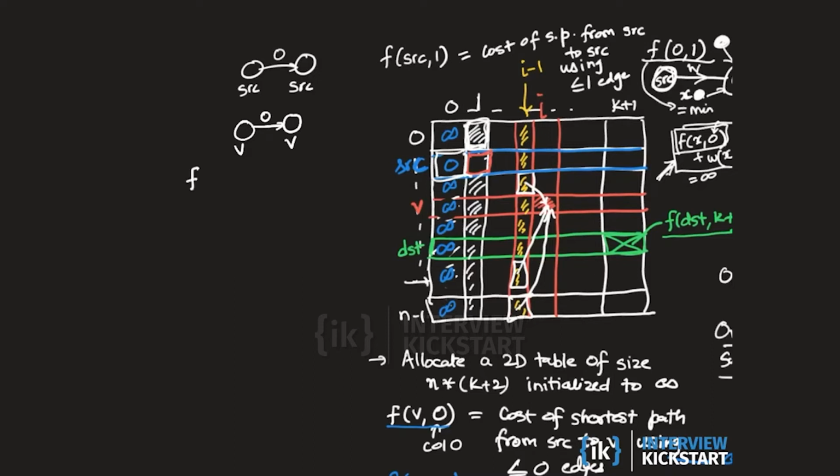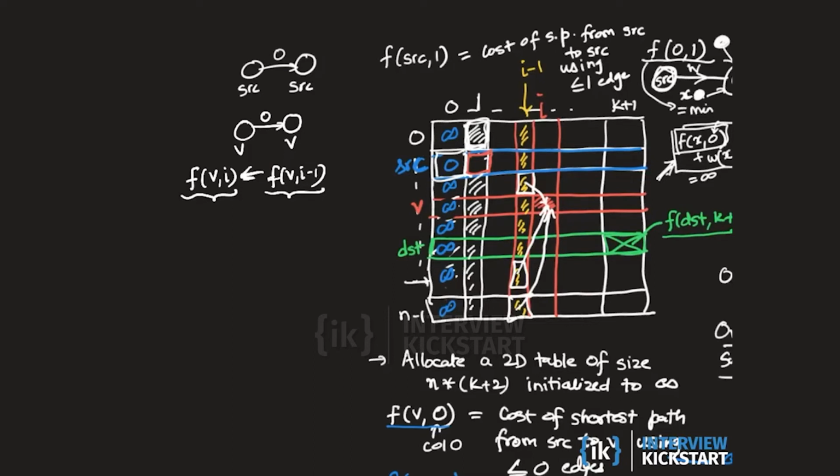So this means that if we want to compute f of v comma i, the baseline that we can start with is basically f of v comma i minus 1. So f of v comma i can be no larger than f of v comma i minus 1, because if there is a way to reach from the source to any vertex v using less than or equal to i minus 1 hops, that particular way is also a way to reach vertex v from the source using less than or equal to i hops.